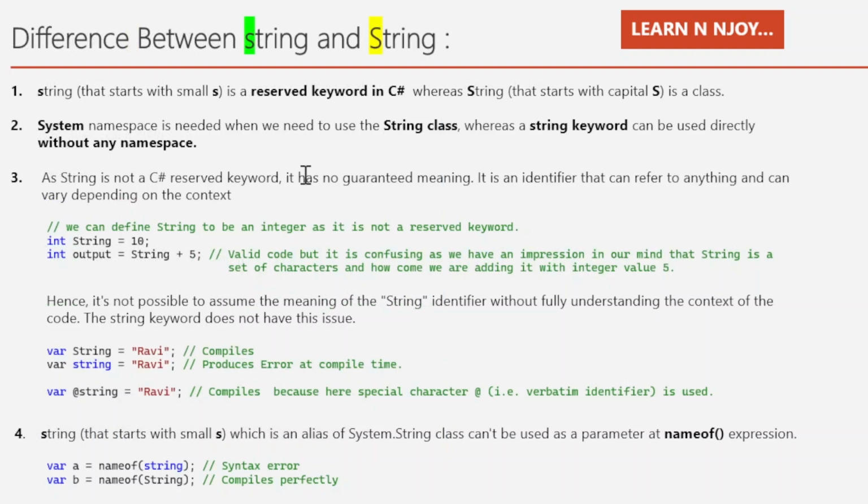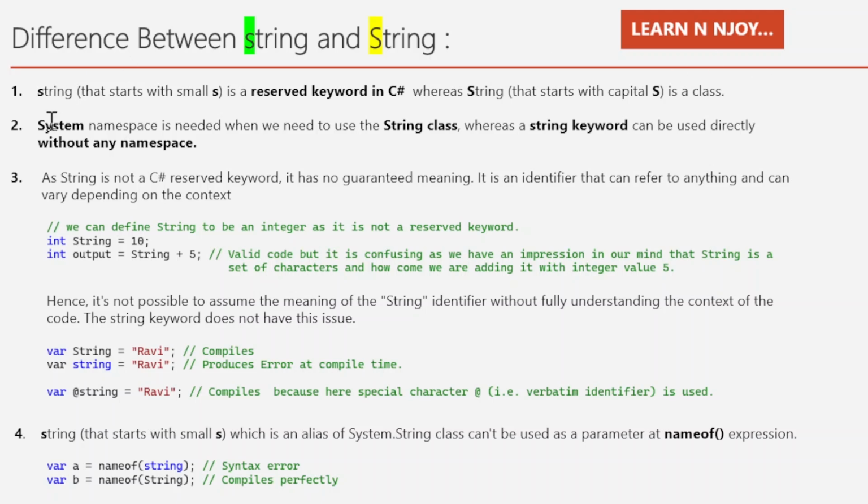Difference between string and String. Here we are going to talk about the string that starts with a small s and String that starts with a capital S. Number one, string with a small s is a reserved keyword in C#, whereas String with a capital S is a class, as we have already seen.